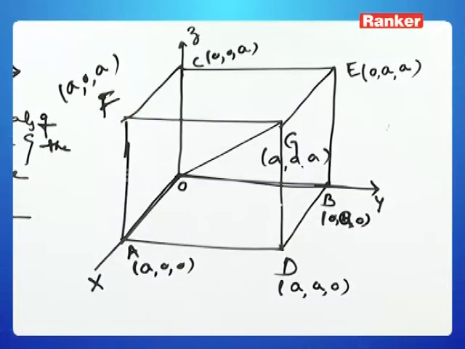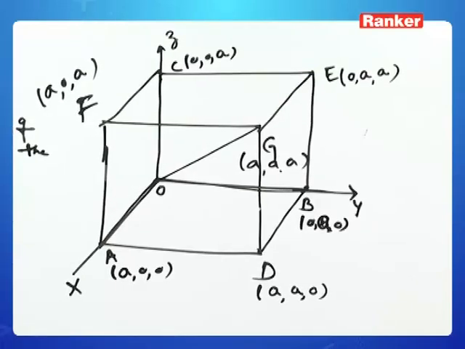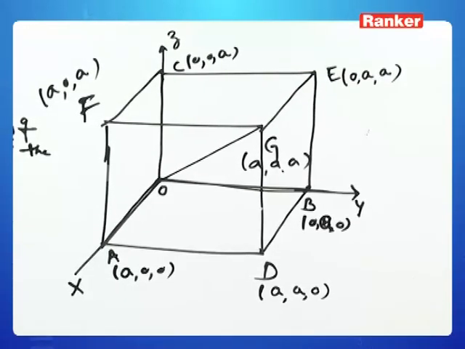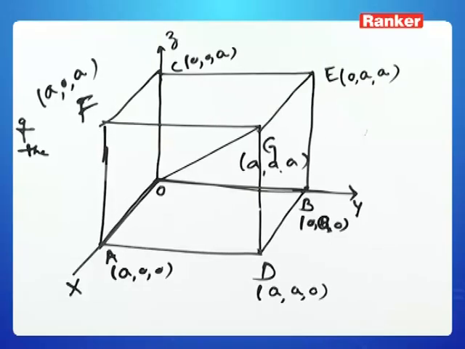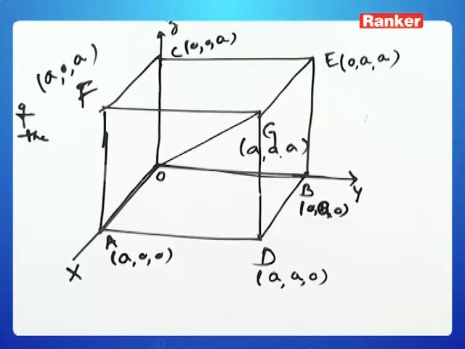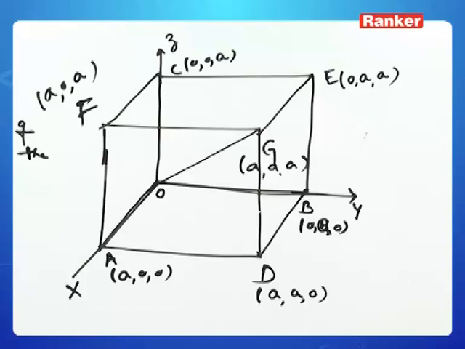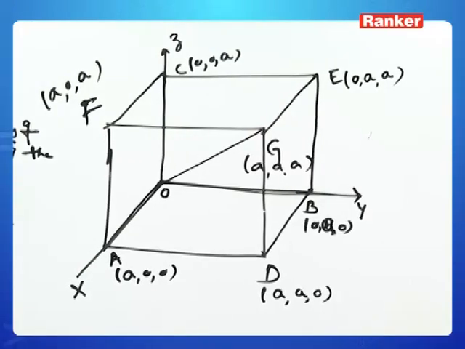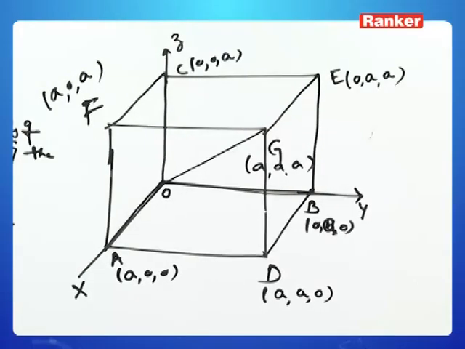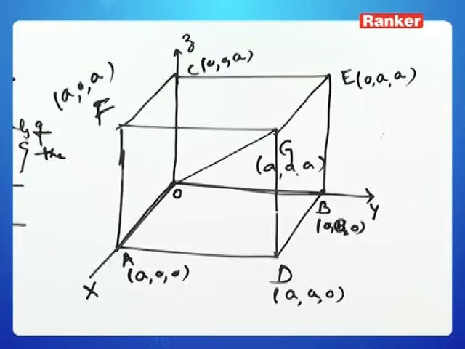You can very well observe that in a cube there are 4 diagonals, namely OG, AE, DC, BF.